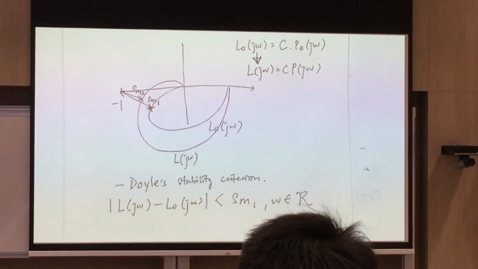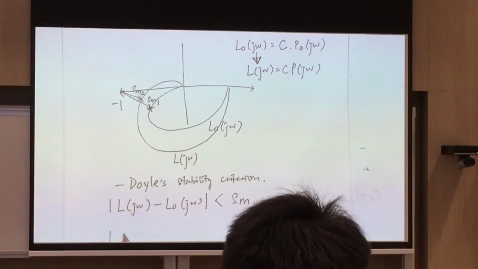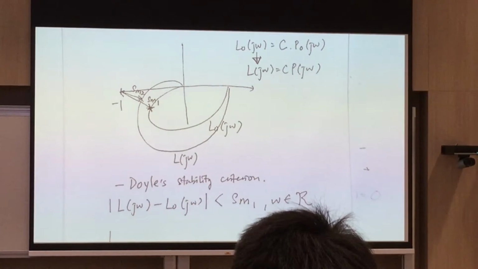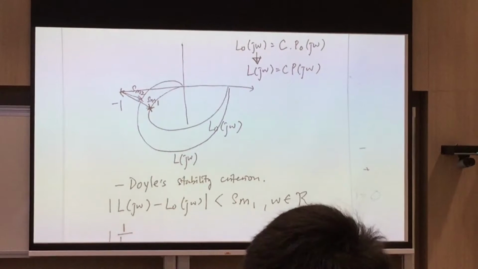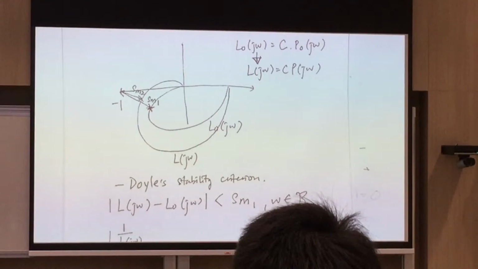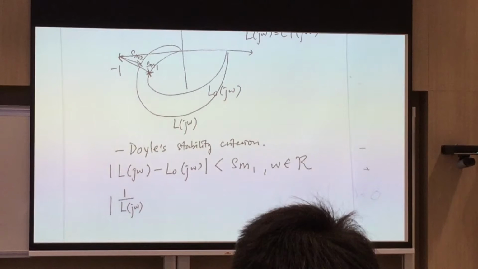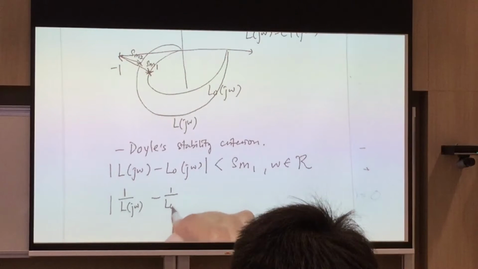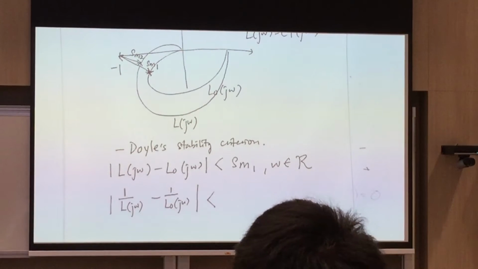So you would like to do the same thing for 1 over L. Okay, so we say that for 1 over L, minus the original one, okay, should be less than SM2.